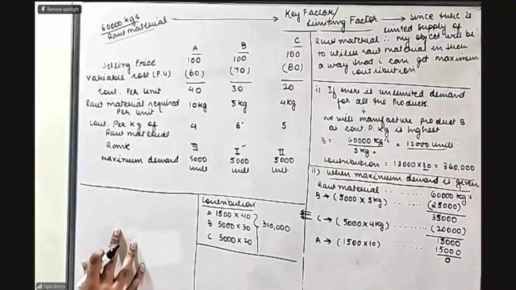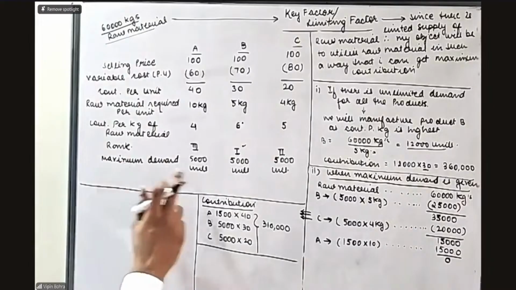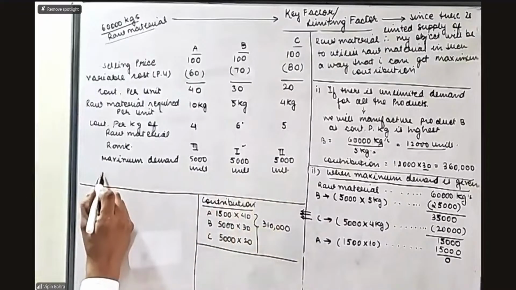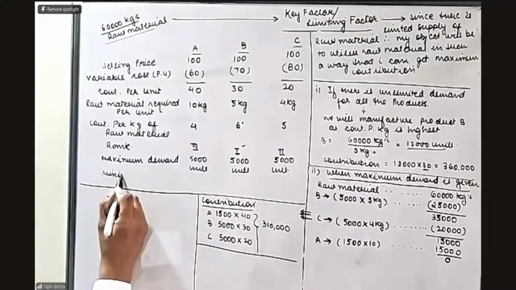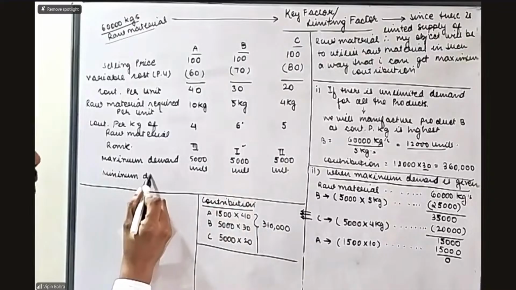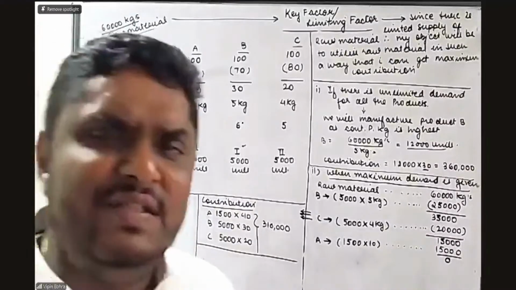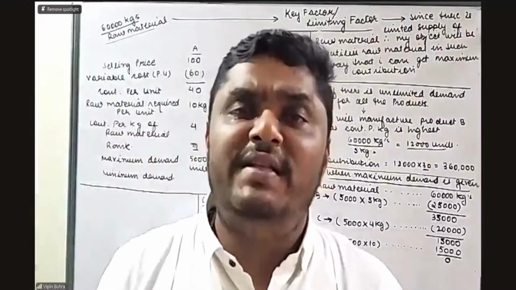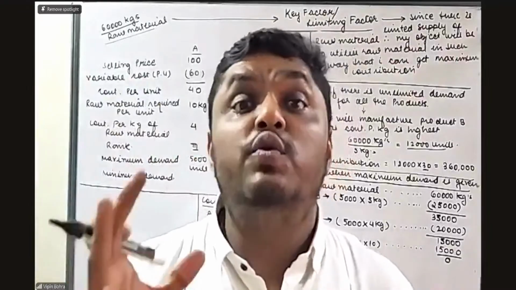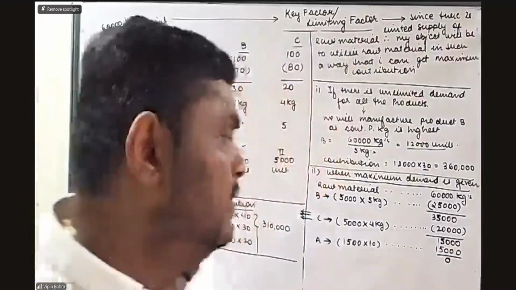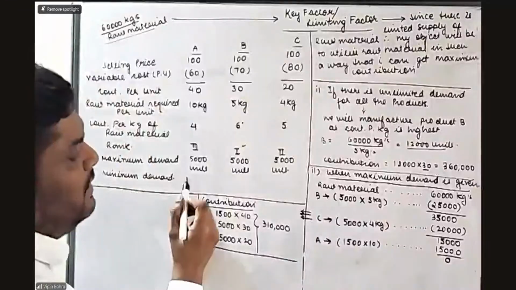Now, let's take a situation wherein apart from maximum demand, minimum demand is also given in the question. Let's take the situation that this many units we have to manufacture of a particular product to sustain in the market. So let's say minimum units is also given.